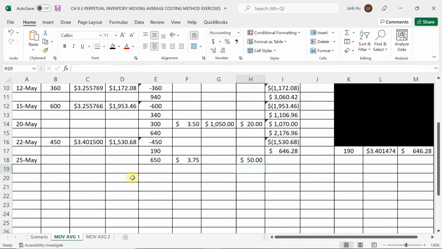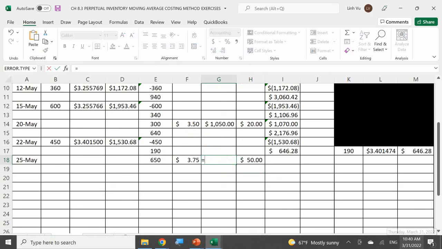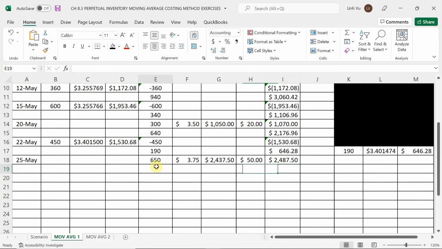So my purchase price here is 2437.50, and the total cost is 2487.50. Good. In this case, I need to add up my totals here.